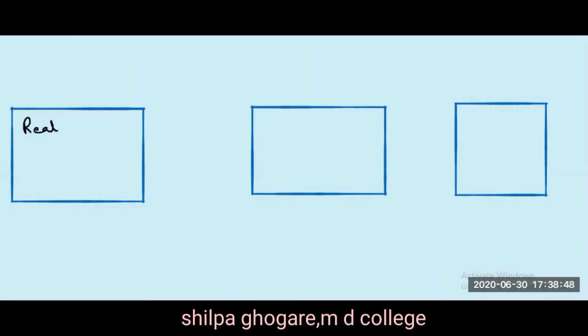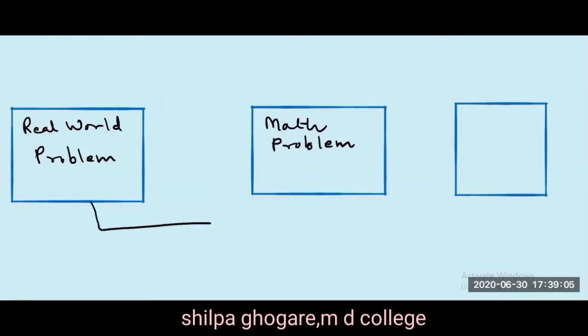So you have a real world problem and then you have the math problem. So this is a big step where you are converting a real world problem to a math problem, which is known as formulation, or it is also known as modeling.